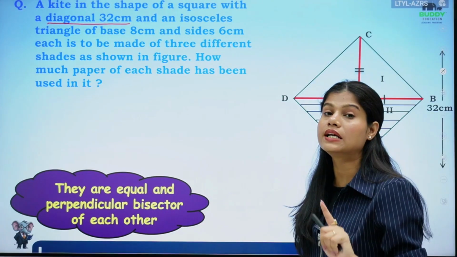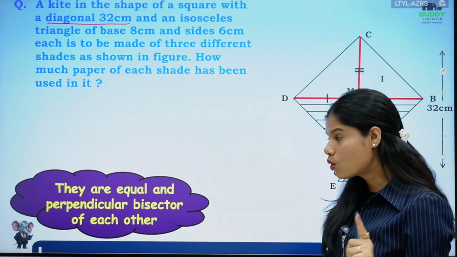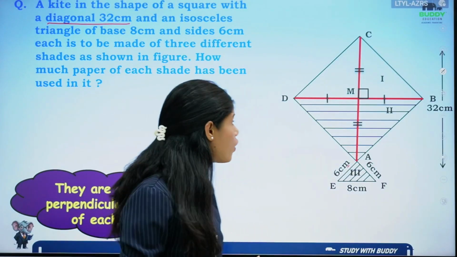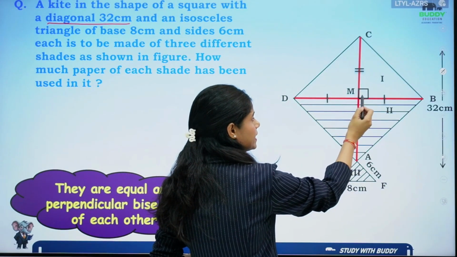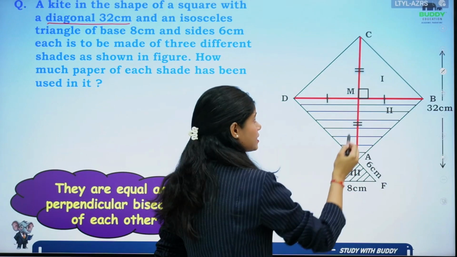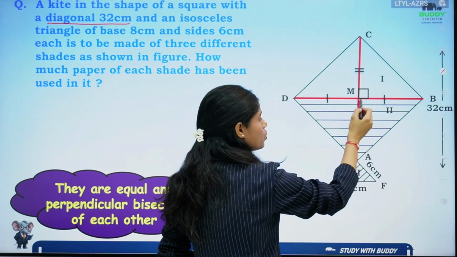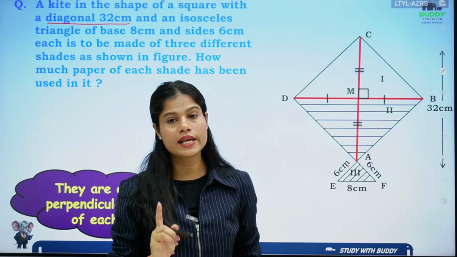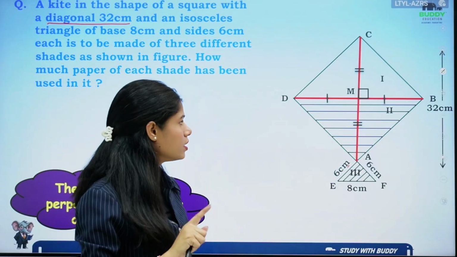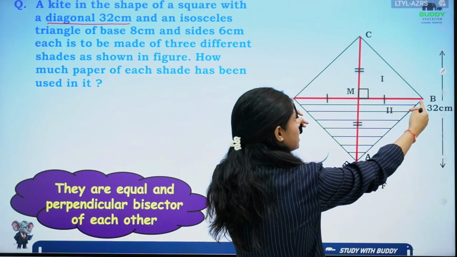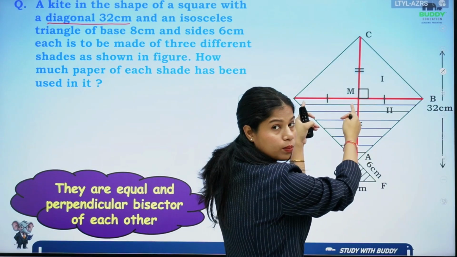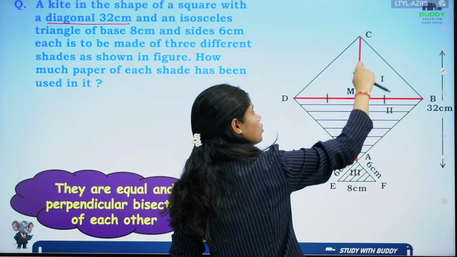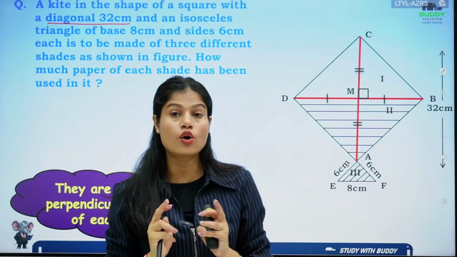One more property that the diagonals of a square hold is that they are perpendicular bisectors. This angle is 90 degrees, and perpendicular bisector means CM is equal to MA, and DM is equal to MB. So if this is 32, definitely this part will be 16, this part will be 16, this part will also be 16, and MA will also be 16.